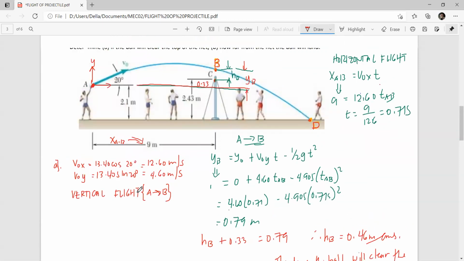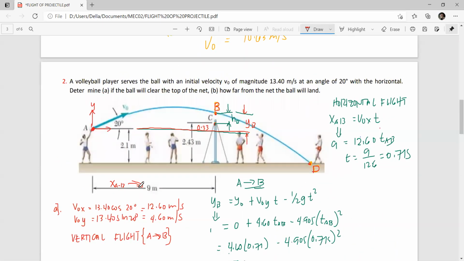So letter B. Letter B question: how far from the net will the ball land? So this distance, what is this distance?